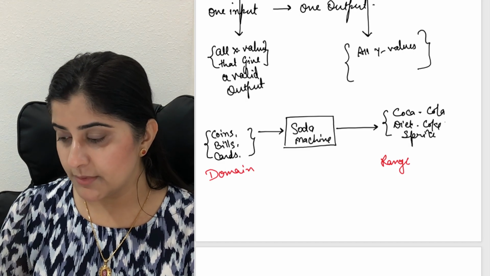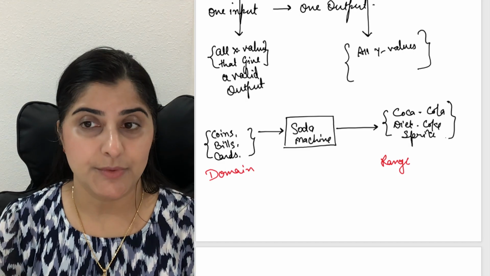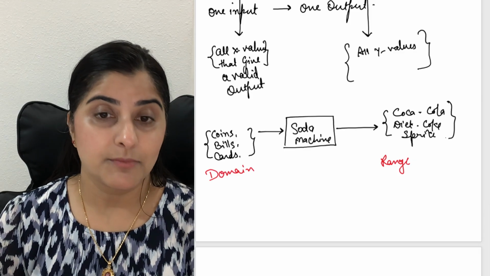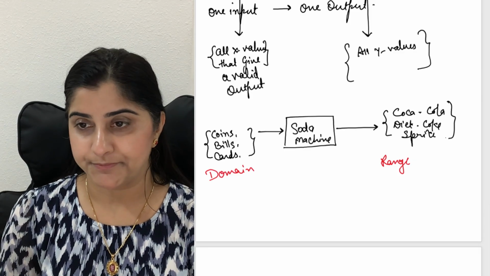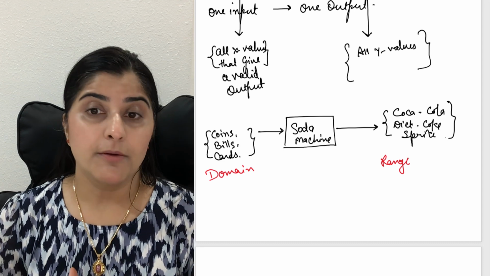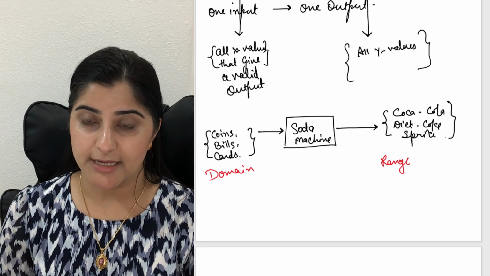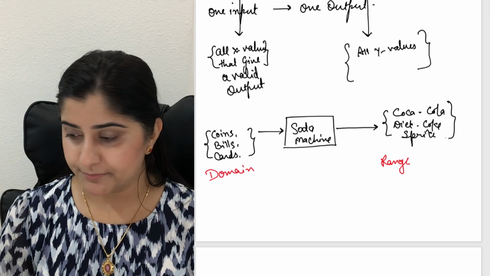Suppose the soda machine has only these types of soda, so these will be the only outputs. We cannot get pizza or a burger as an output from a soda machine. So we may or may not have restrictions on the domain set and the range set of a function.